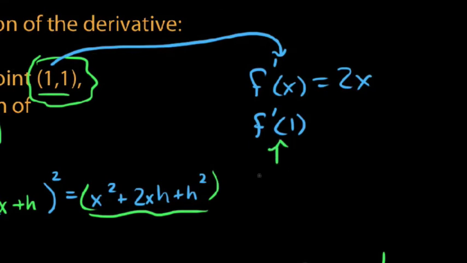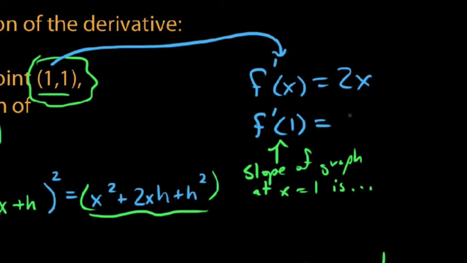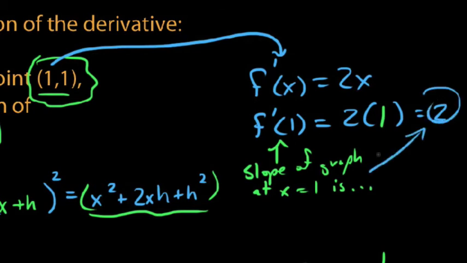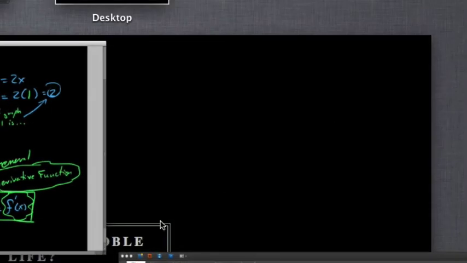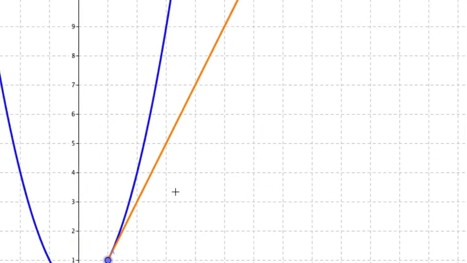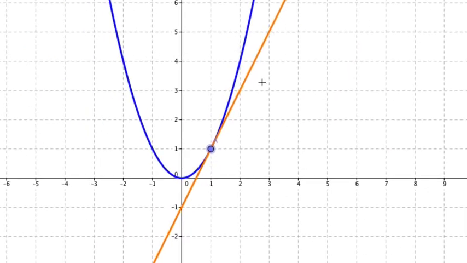What this is really saying is the slope of the graph at x equals 1 is, in this case, 2 times 1, which gives 2. So the slope of my graph when x is 1 is equal to 2. And looking at the picture, the slope of this orange line looks like about rise 2, run 1.